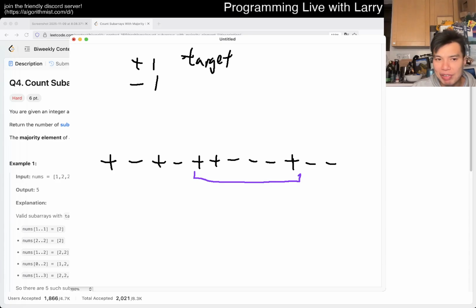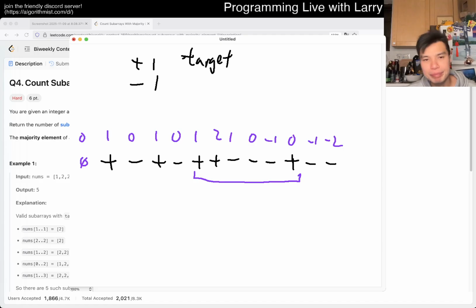If you look at the prefix sum, you start with no element. So this is 1, 0, 1, 0, 1, 2, 1, 0, -1, 0, -1, -2.